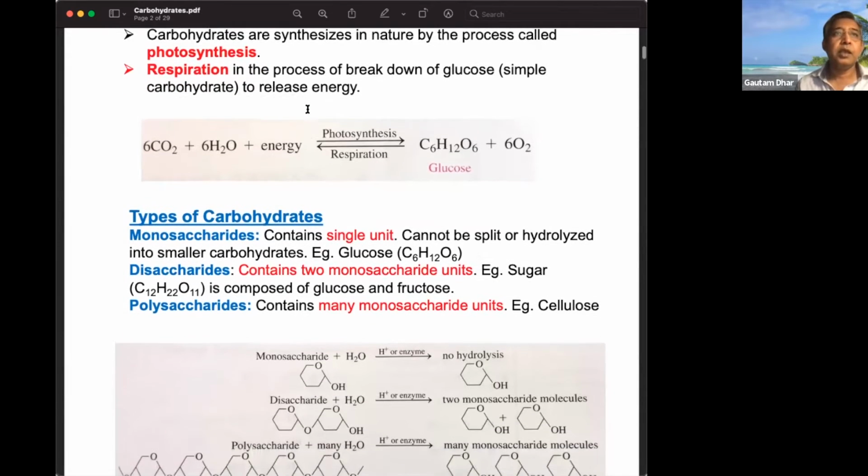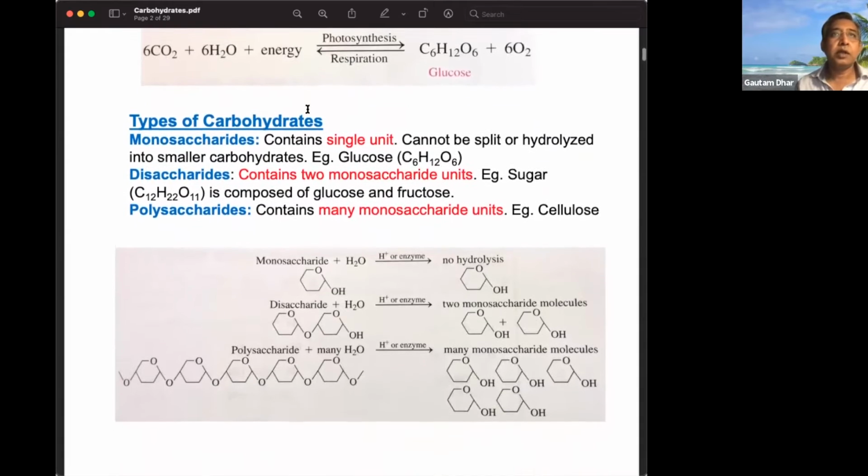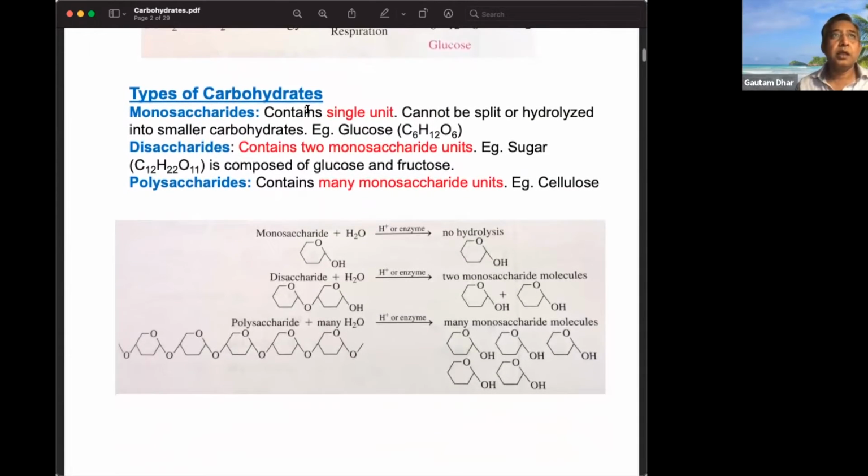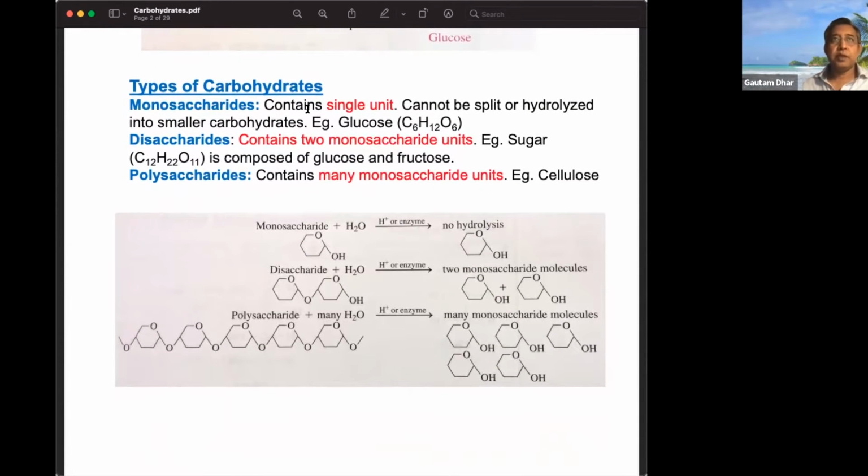Now, carbohydrates are giant molecules, but each of these giant molecules is made from smaller units called monosaccharides. Mono means one, so saccharide is the sugar unit. Monosaccharides are the basic unit that forms the full carbohydrate when they join together, like glucose.